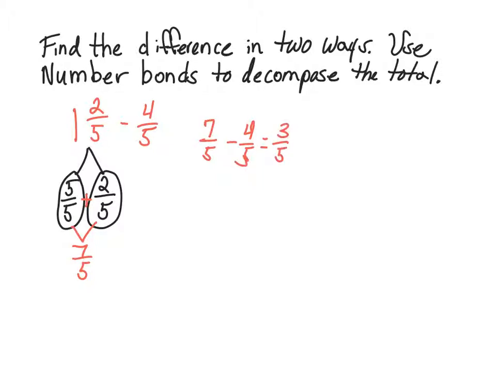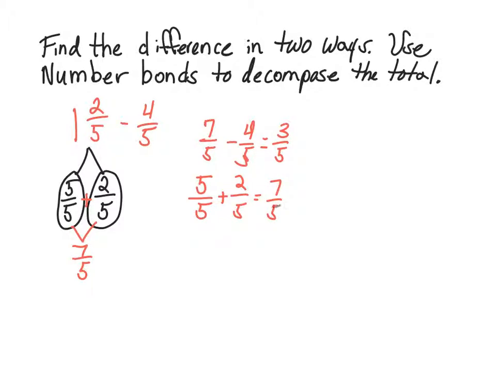All right, that is one way, but they want us to show different ways of doing it. We can take 5/5 plus the 2/5 equals 7/5.